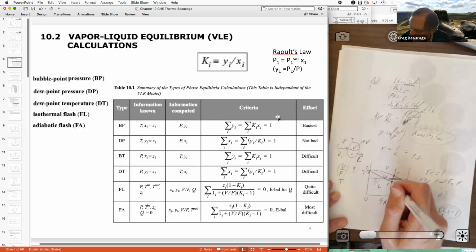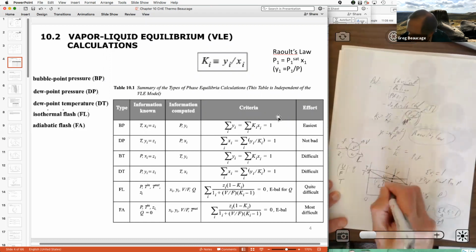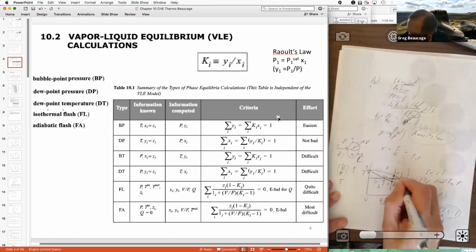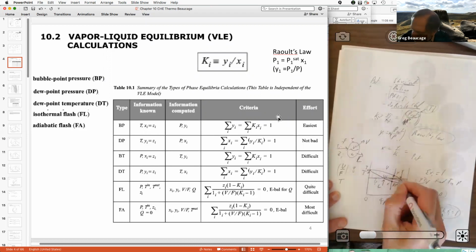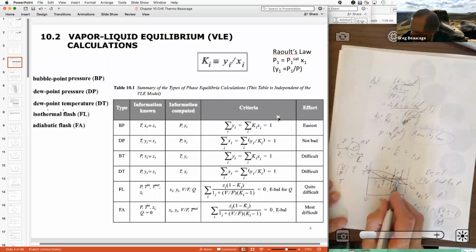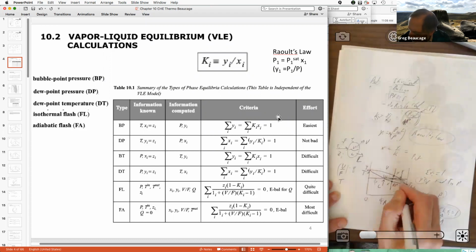Right? You want to know how they separate. So actually, you're looking for this x and that y, and you're looking for the L by V, the total distance over that gap to the opposite side to get the liquid composition, and this thing over the total distance to get the vapor composition, the V by F.